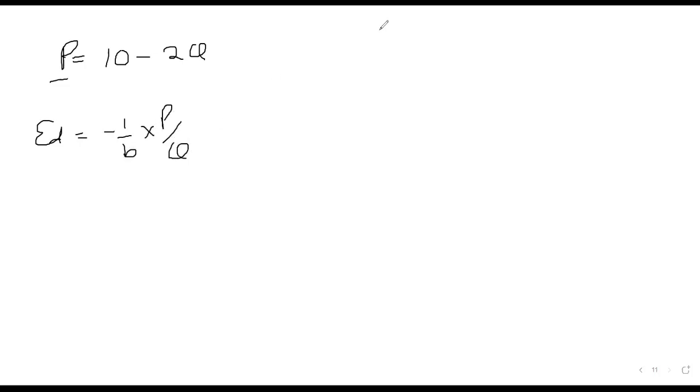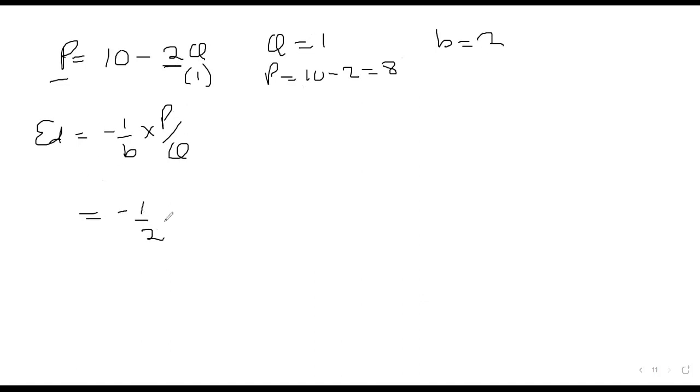Suppose in this case we're given our quantity as 1. When we put our 1 there, our price will be what? 10 minus 2, which is 8. The number which comes before the letter is our B. So in this case, our B is 2. Using this formula, we get -1/2, the price is 8, and the quantity is 1.